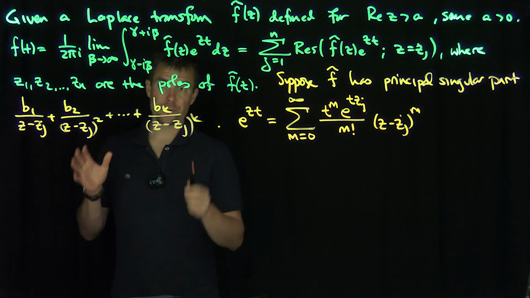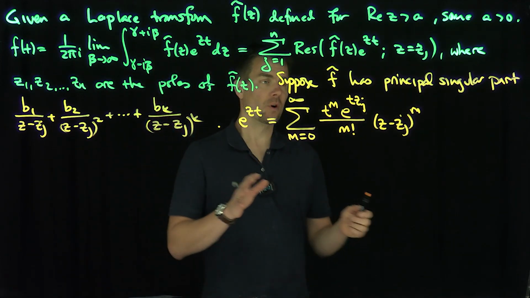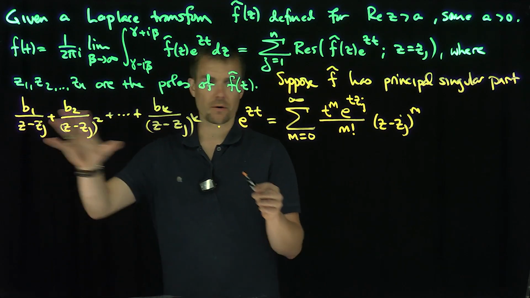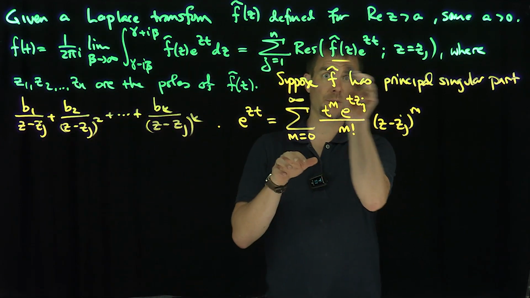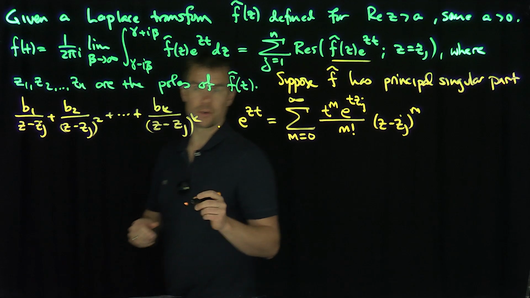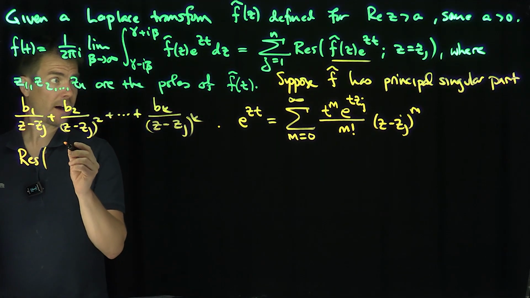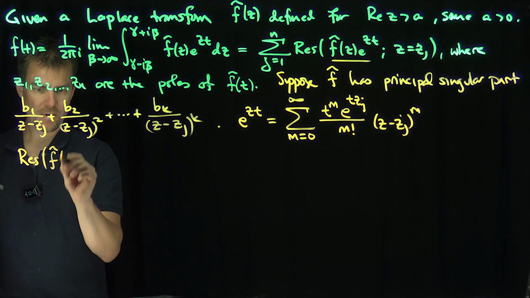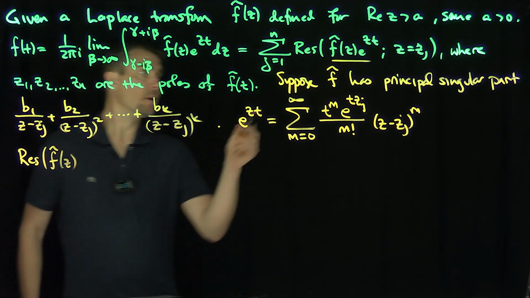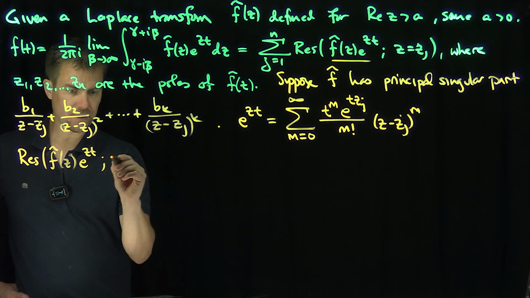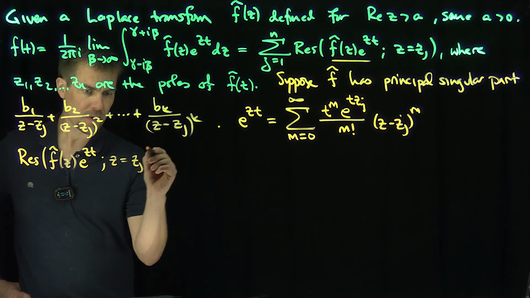So now I can compute the residues of these things, right? I can pair each of these terms, because these terms are being hit by these terms in this expression. So what is the residue of f tilde of z times e to the zt at the point z equals zj going to be?